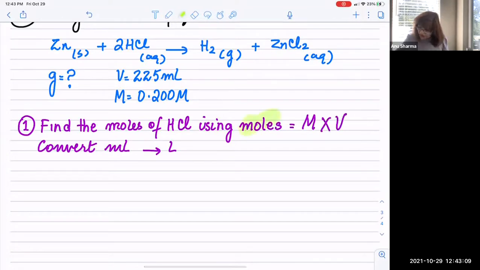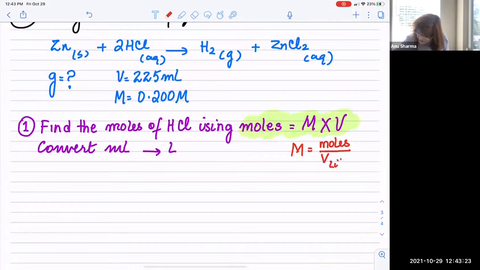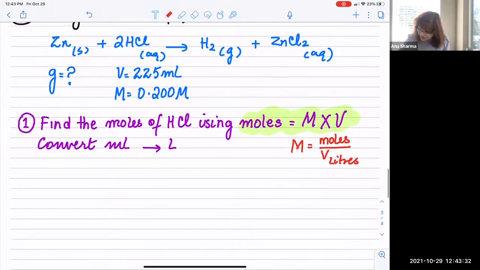This is the formula, which basically comes from molarity equals moles over volume in liters, just an algebraic conversion.